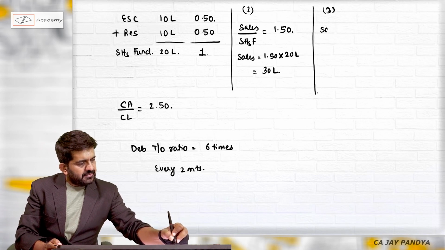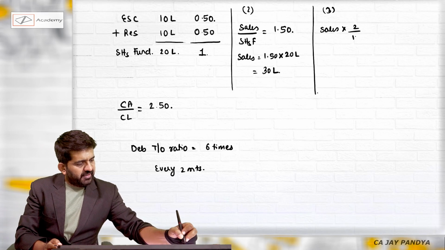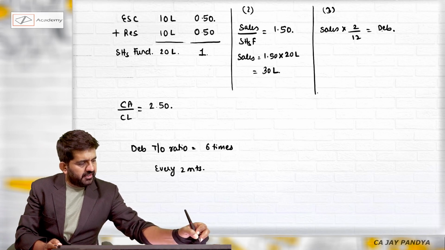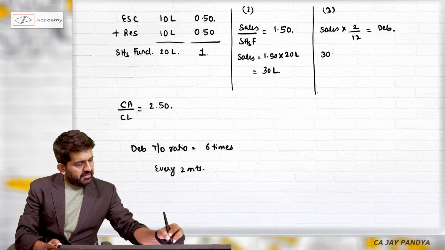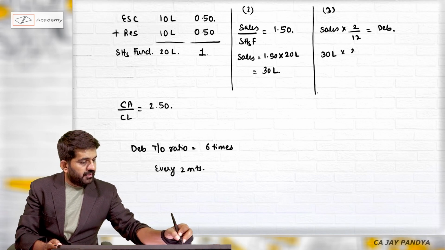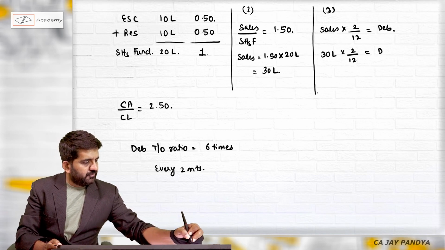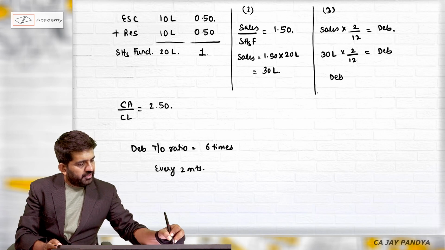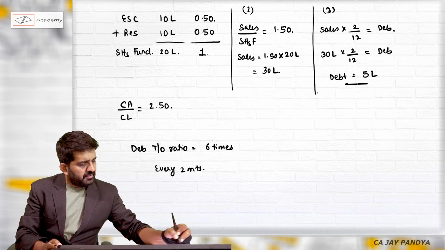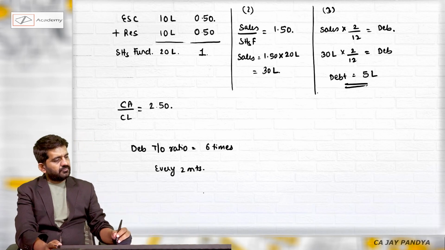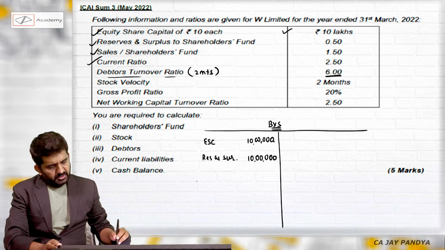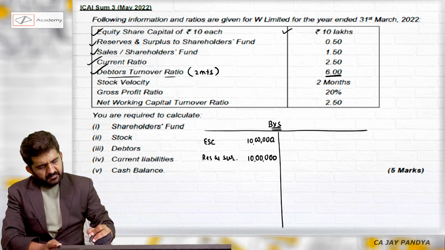The sales into 2 divided by 12 is equal to debtors. Sales is 30 lakhs into 2 divided by 12, so debtors will be 5 lakhs. So we are even having answer of debtors.